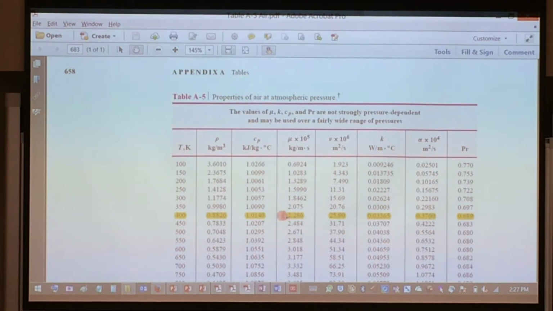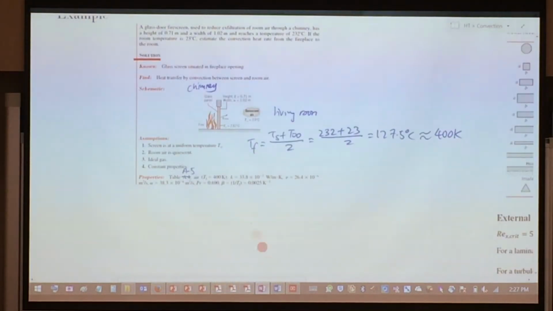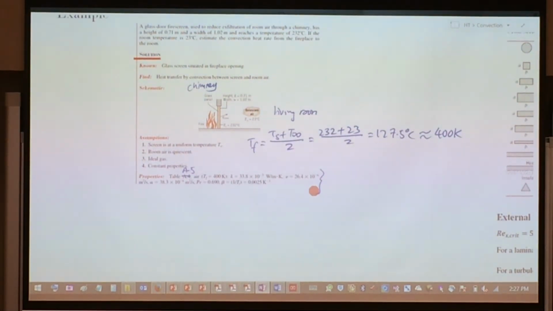So these properties, as picked up from your Holman textbook, are actually different from what is written over here. That's because this one is adopting another textbook. So if you're asking, if I were to do my tutorial questions, which will be coming soon, which one would I be using? We can use either one. Any of the textbooks' property values, they will all work.